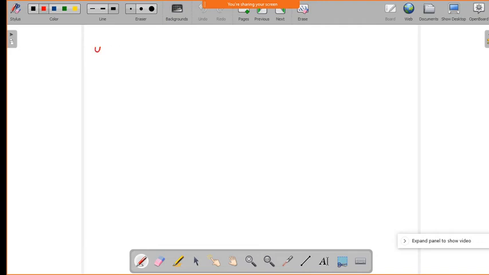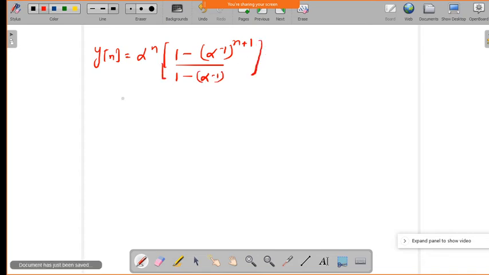So what is your y of n? Y of n will be equal to alpha power n into 1 minus alpha power minus 1 power n plus 1, divided by 1 minus alpha power minus 1. Okay, so this is the equation we got. You need to express this properly. So you can multiply alpha power n inside.